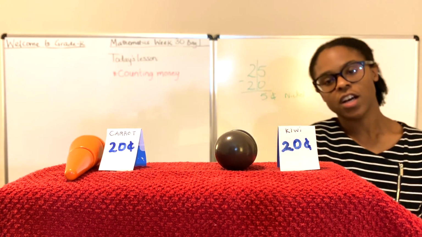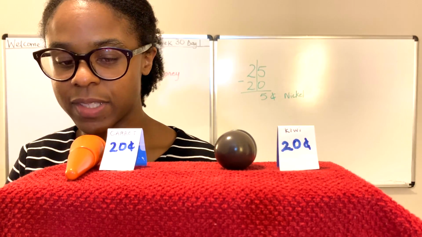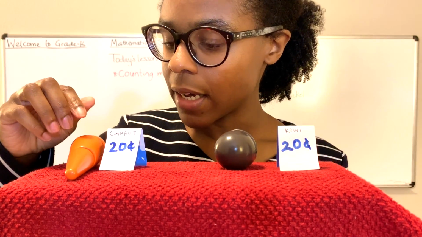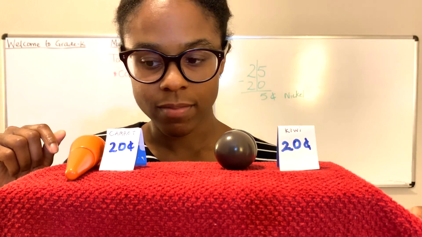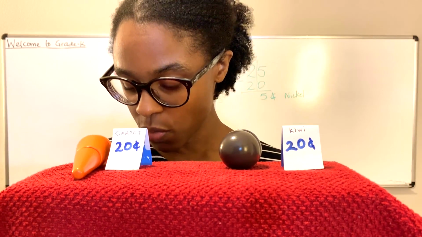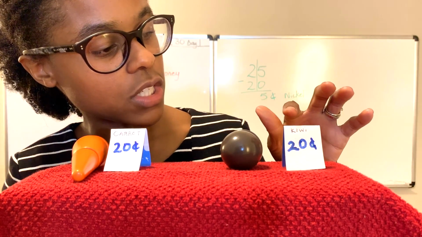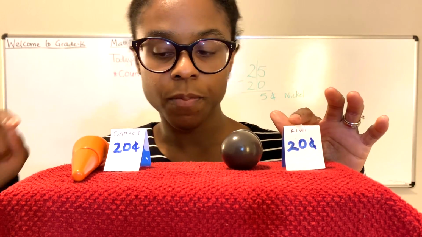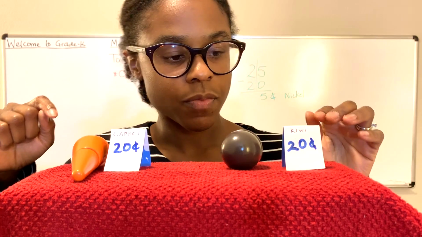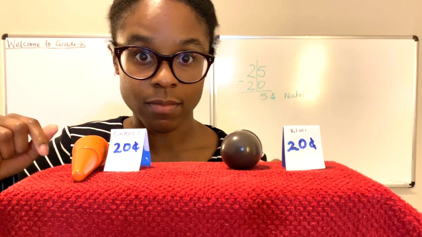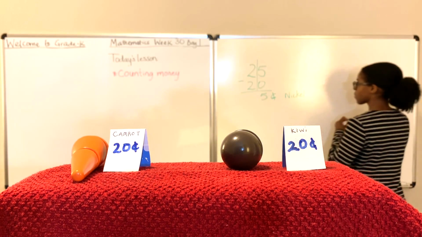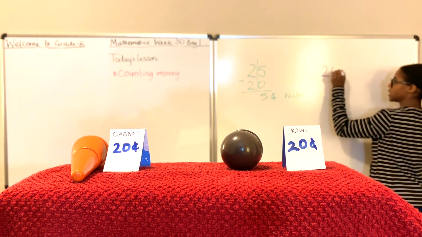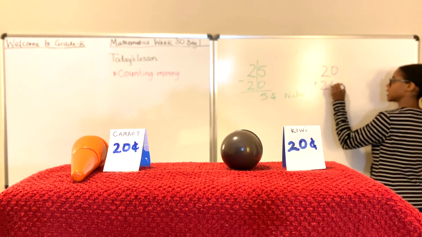Okay, so moving right along, I've got my kiwi and I'm very pleased with it. I also want to buy a carrot and kiwi. Can I have a carrot and kiwi? Well, if I want carrot and kiwi, then I'm going to need to come up with 20 plus 20 cents. What is 20 plus 20?